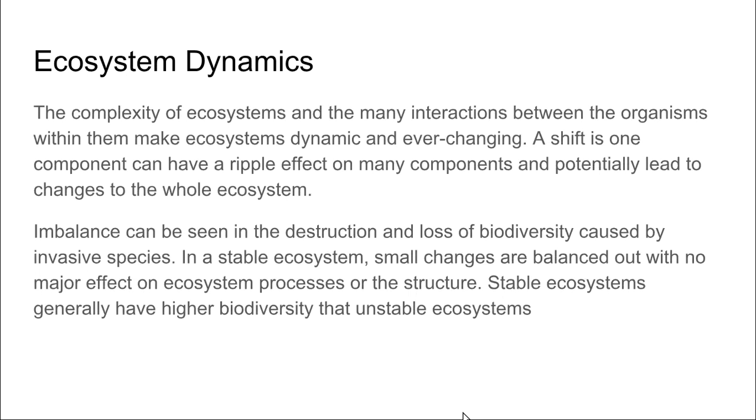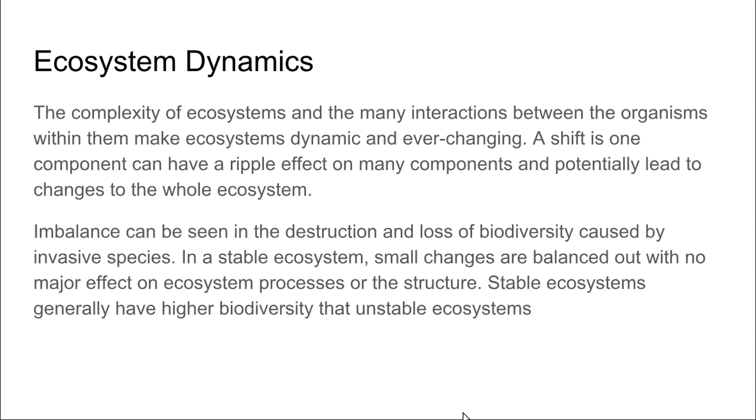So ecosystem dynamics really is just a way for us to recognize that ecosystems are constantly changing. They are complex and there's many interactions that can affect how an ecosystem works. A shift in one component definitely leaves a ripple effect that goes on to many other components, and this can lead to changes within the whole ecosystem.